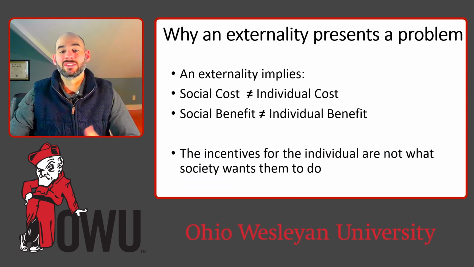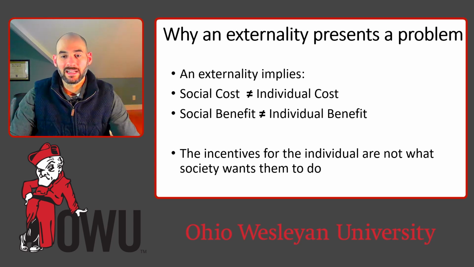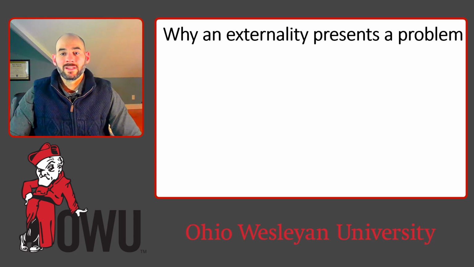And this leads to a situation where the incentives for the individual are not what society wants them to do. And we have a creation of an inefficiency in the market. Once again, individuals pursuing their own self-interest, we're not going to get that optimal outcome that free market economics would suggest. So what does this lead to in the end?